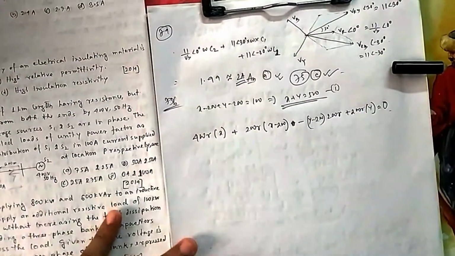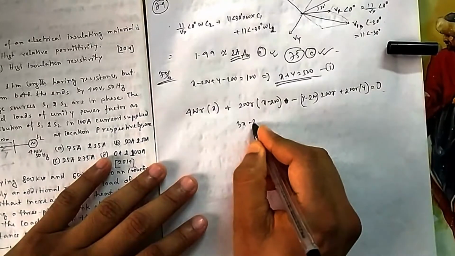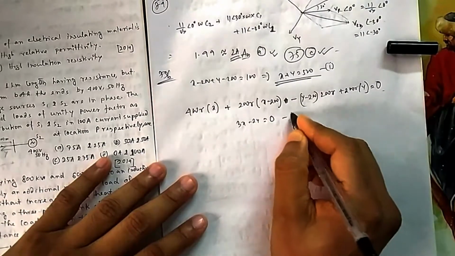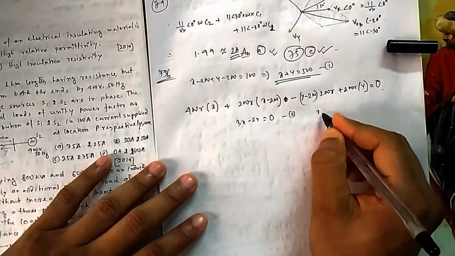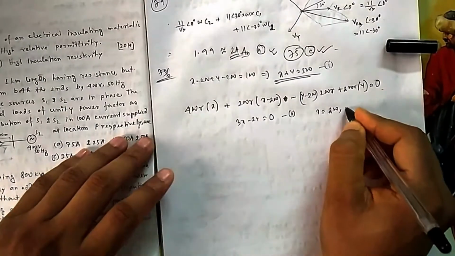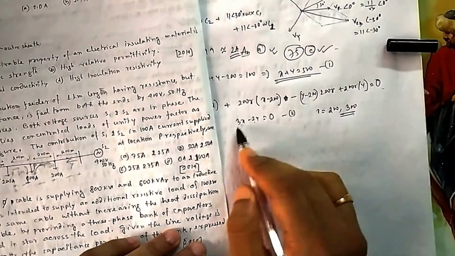So you can remove this R, 200 and everything. Finally you will get the expression 3X minus 2Y is equal to 0, which you can solve using 1 and 2. If you solve, you will get X equal to 200, Y equal to 300. You can check, 200 and 600, then 600 and 0.